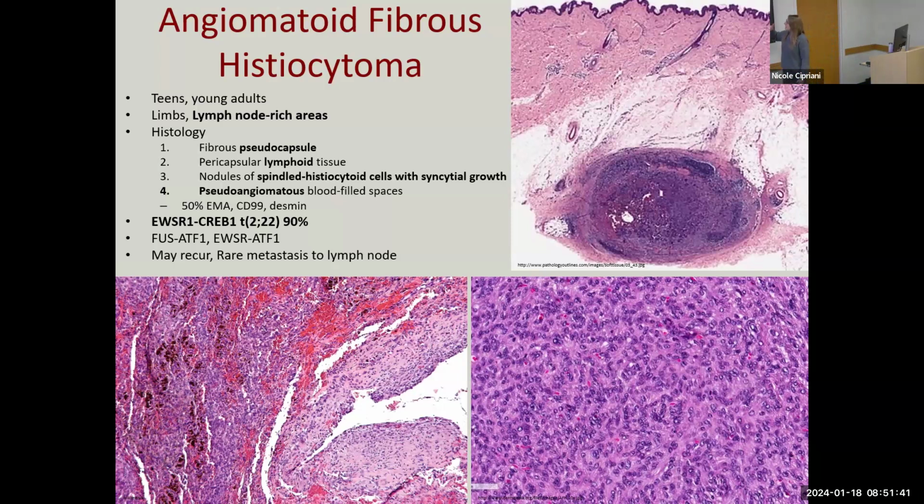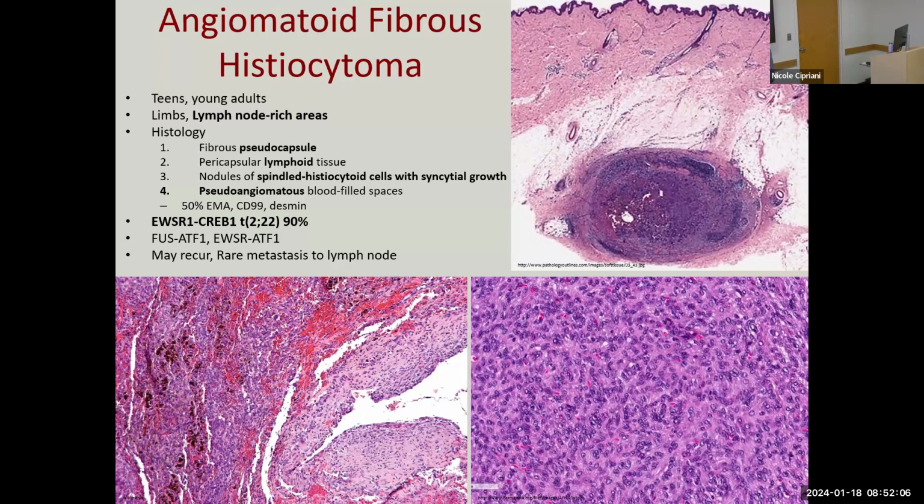And it looks like this bland kind of plump epithelioid to spindled thing with, if you're lucky on a biopsy and you get the center, you might see these pseudoangiomatous spaces. If not, you might just get this kind of nondescript spindle cell lesion that can sometimes have EMA or CD99 or desmin, right?